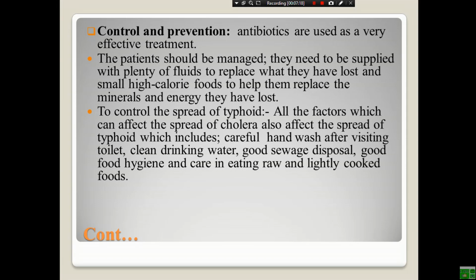In general, we can control and prevent typhoid fever by purification of water supplies, safe disposal of sewage, pasteurizing milk, and effective use of antibiotic treatment.